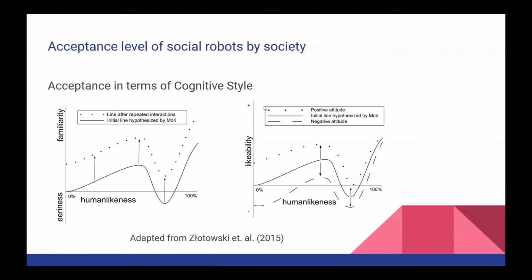With positive attitudes, people can accept a robot highly, with an increase. Likability and familiarity depend on the repeated interaction with the robot, although the human likeness still has the same graph of valley.